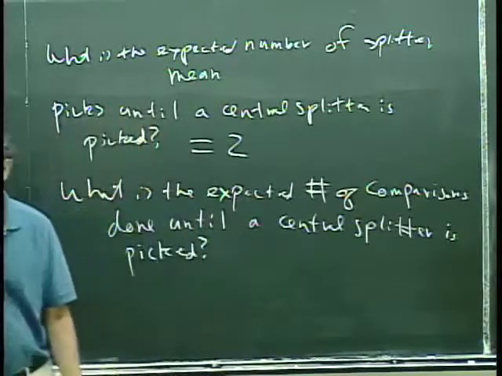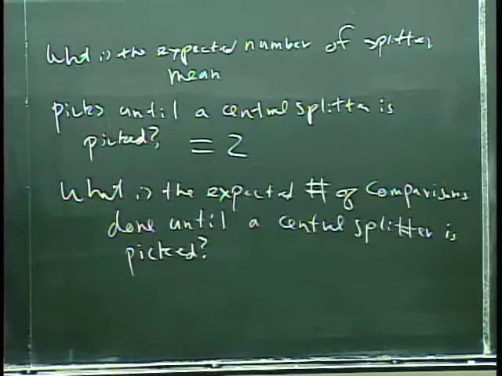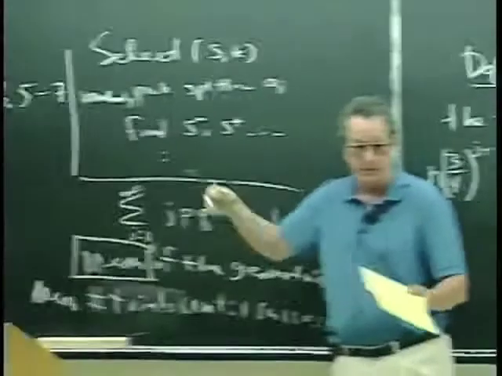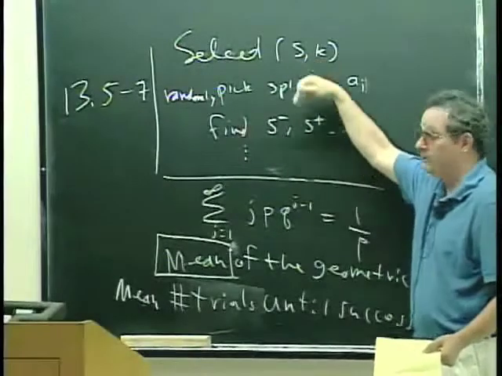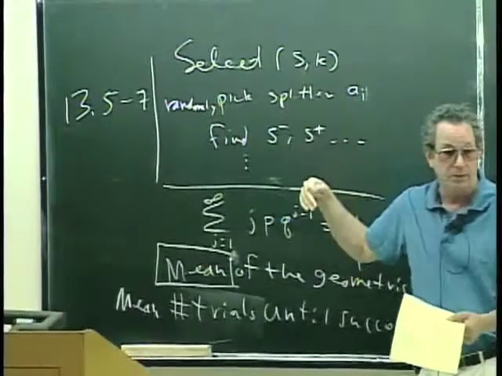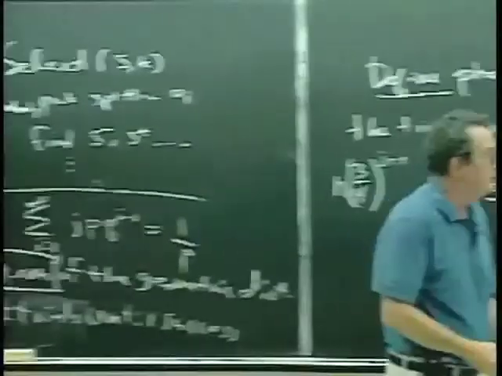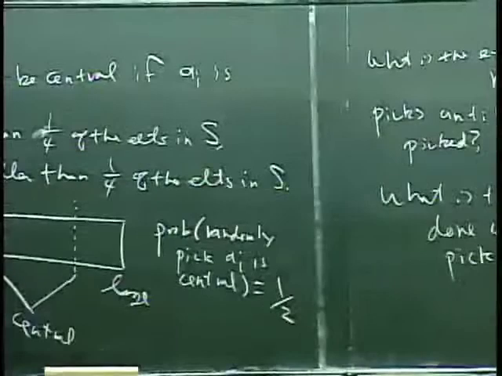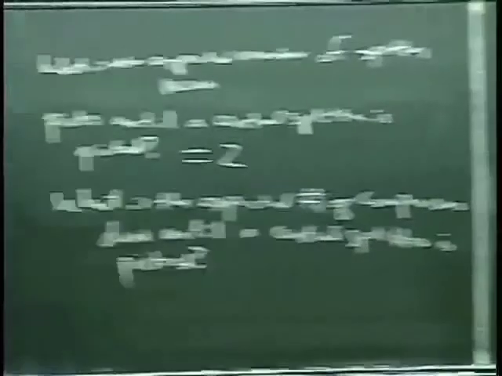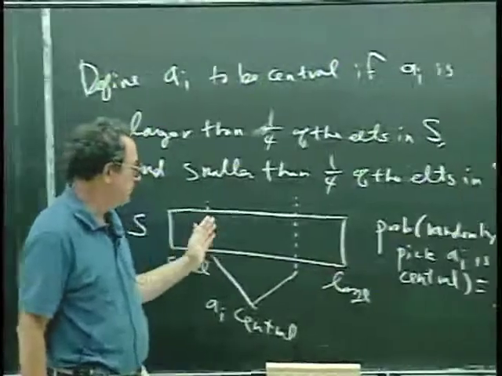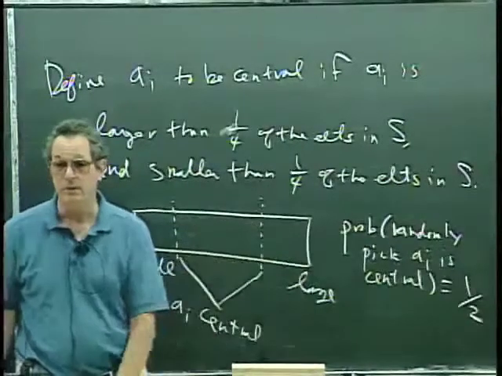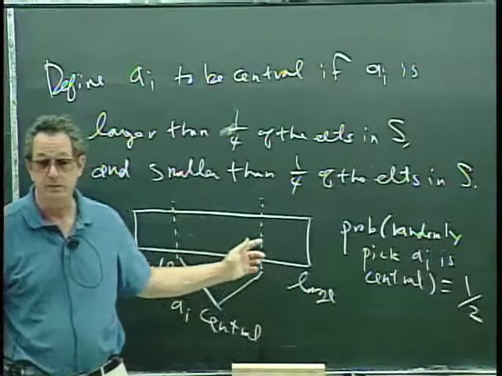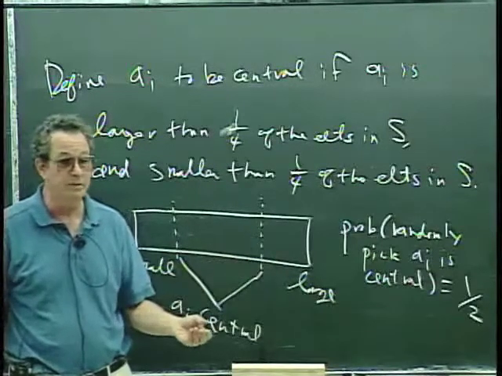Okay, so again, you're in a recursive call with some particular set S, not necessarily the original set, but as we're going on, this S gets smaller and smaller, and you pick a splitter, and you do some comparisons to find that splitter, and then that splitter is either central or it's not.